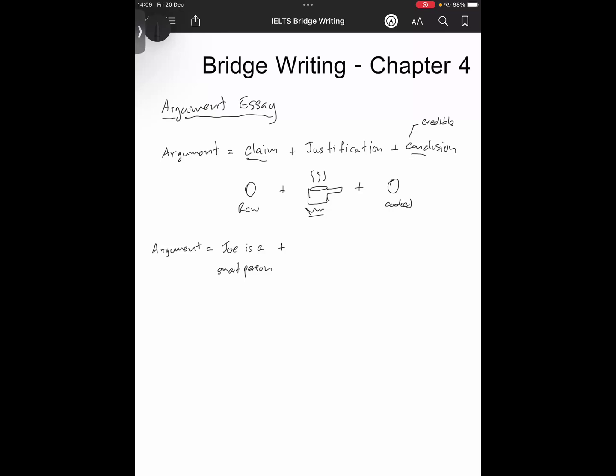Okay, so if you know anything about IQ, it says that a person with an IQ of above 100 is smart.